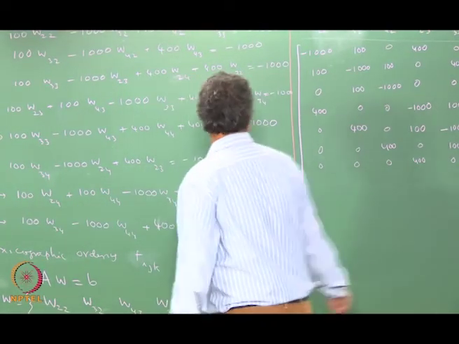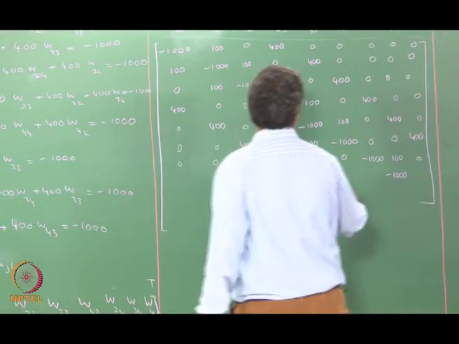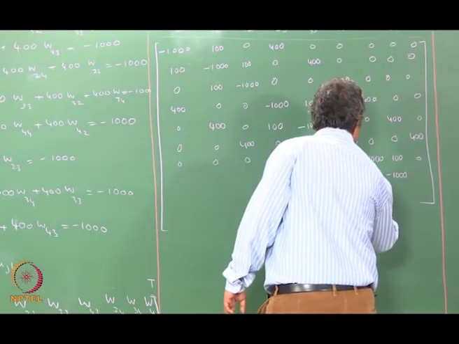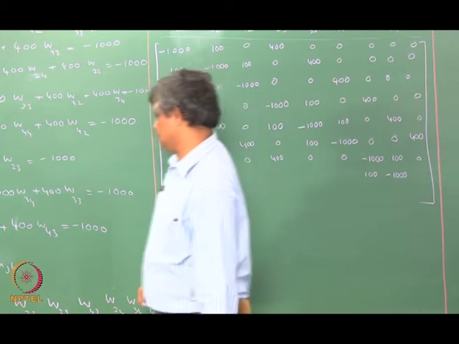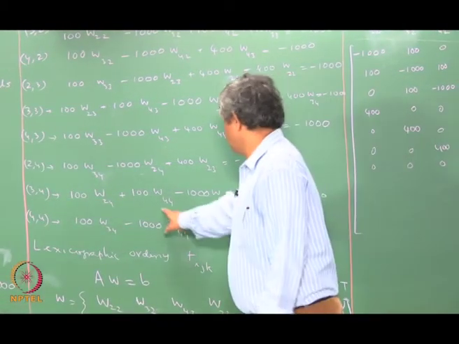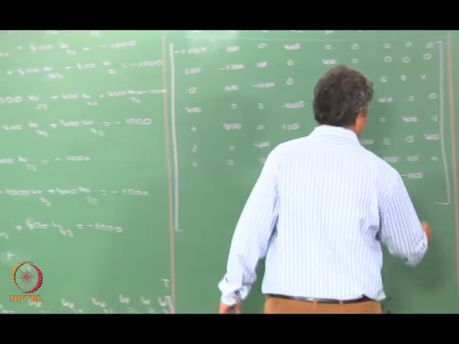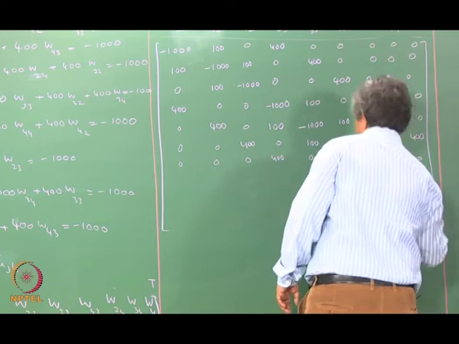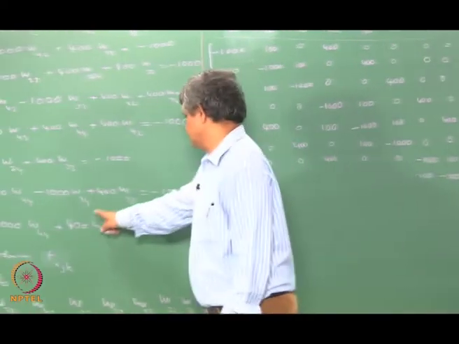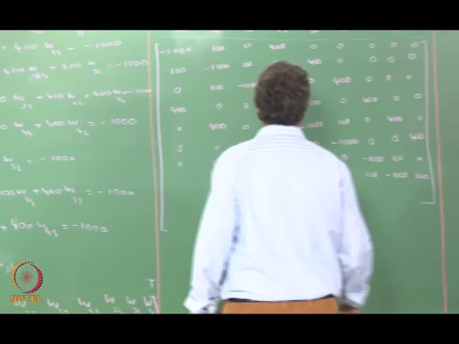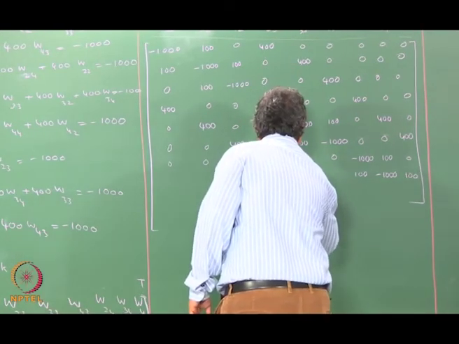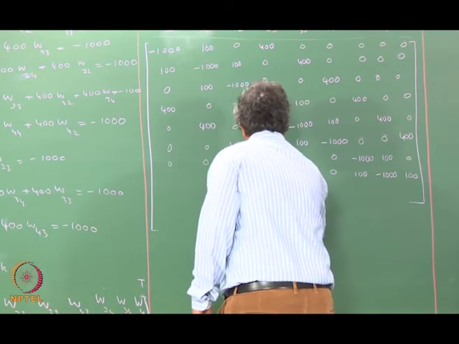We have 24 as 100, 44 as 100, 33 as 400.